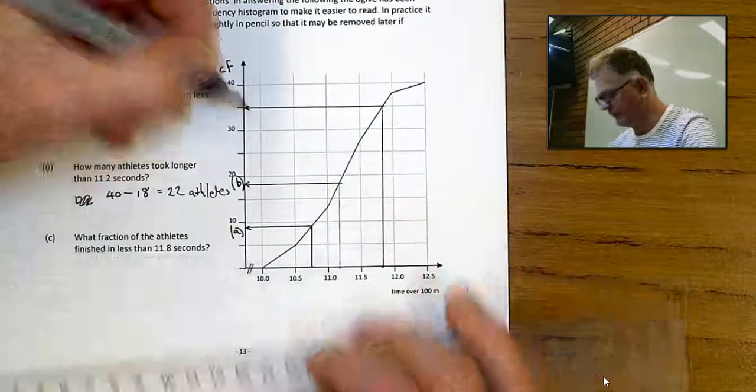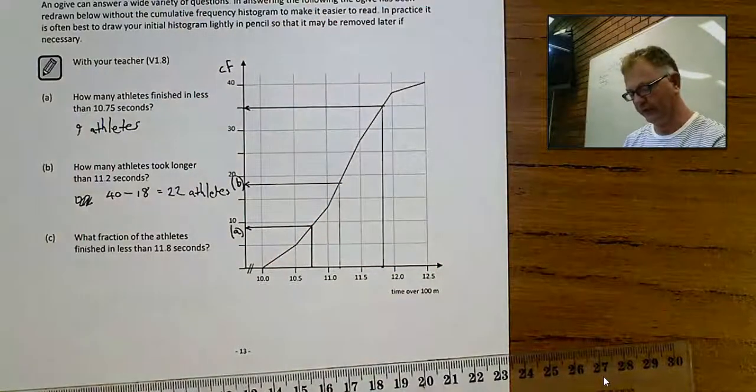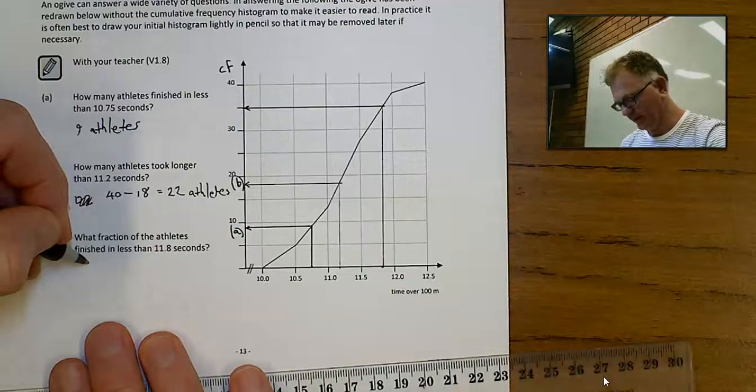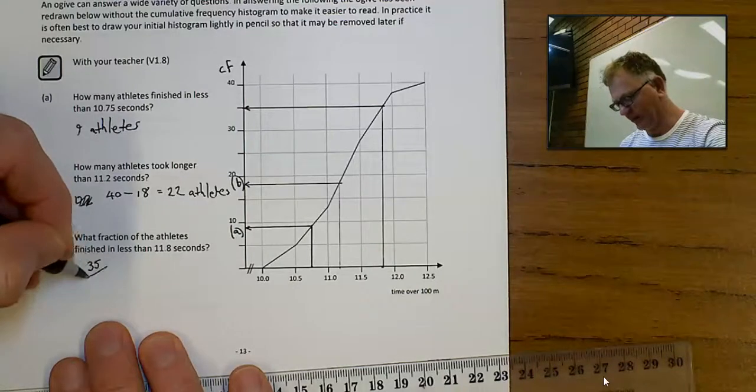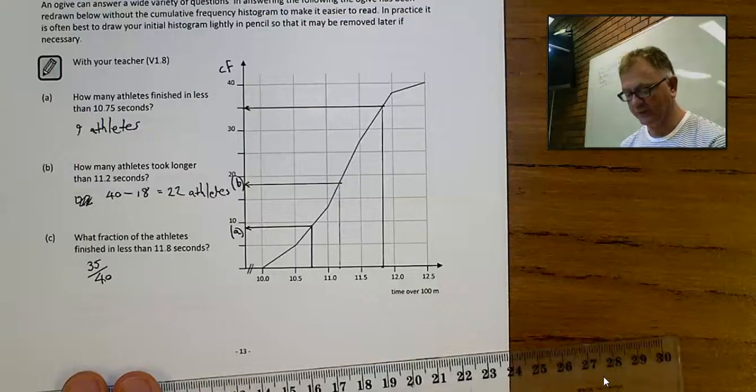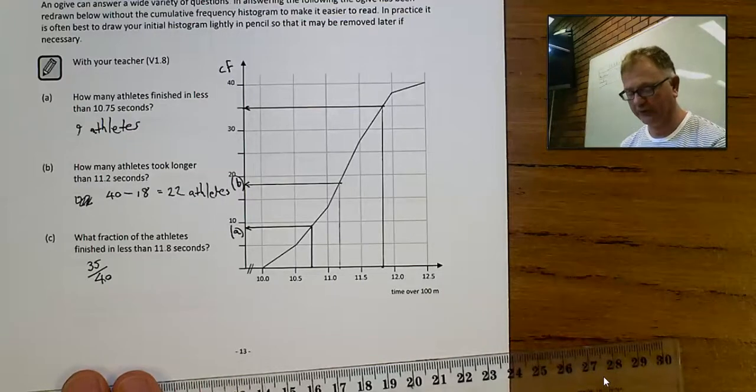Looks like 35 out of the 40 athletes finished in less than 11.8 seconds. So the fraction could be 35 out of 40. That answer would be okay like that, and in some ways it makes most sense to say 35 out of 40. That's a fraction. There were 40 athletes there. You could cancel it down if you wished.